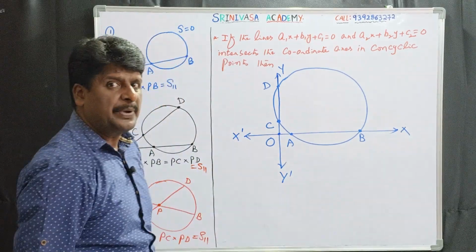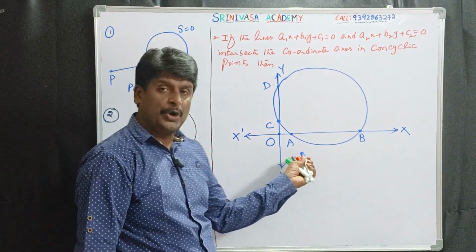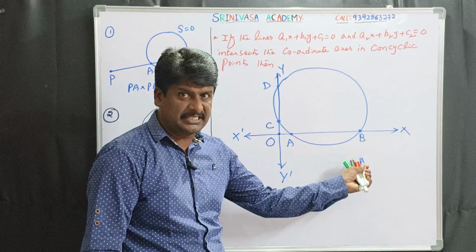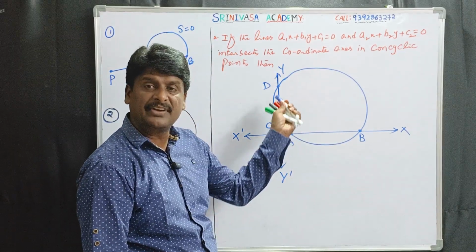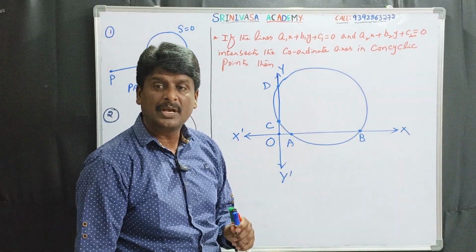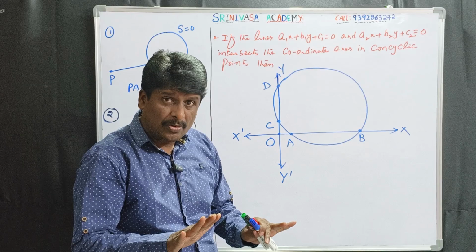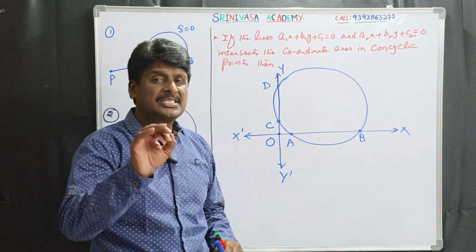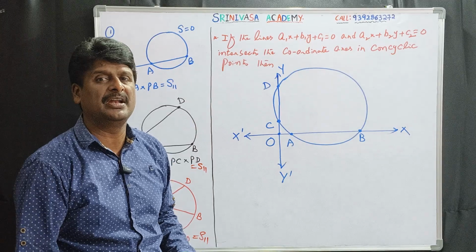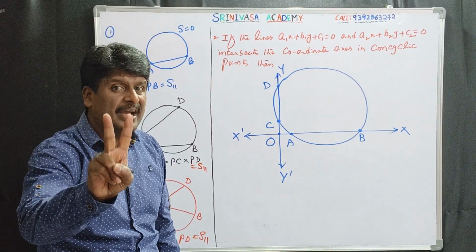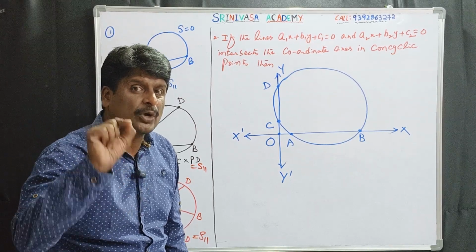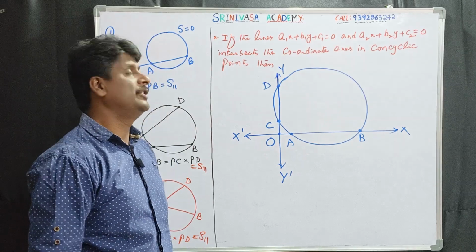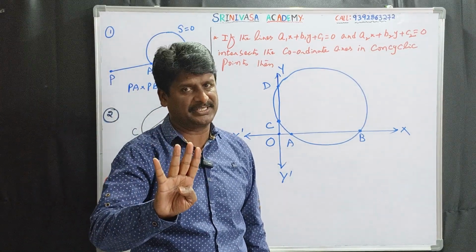But in the previous concept, the coordinates of points A, B, C, D were given. Now, without coordinates of the points, straight line equations are given. Two straight lines intersecting the coordinate axes in 4 concyclic points.